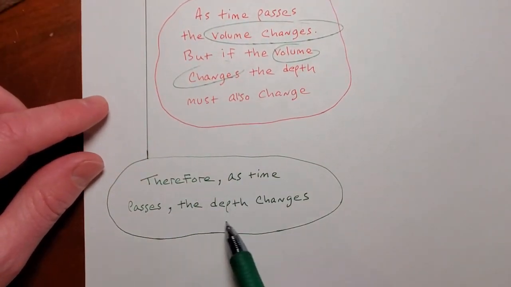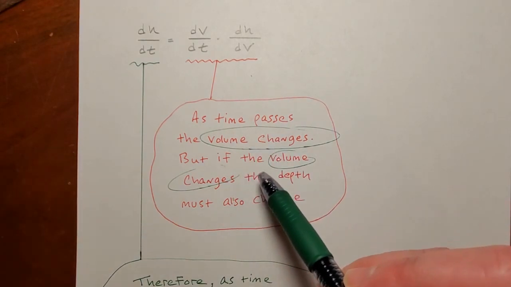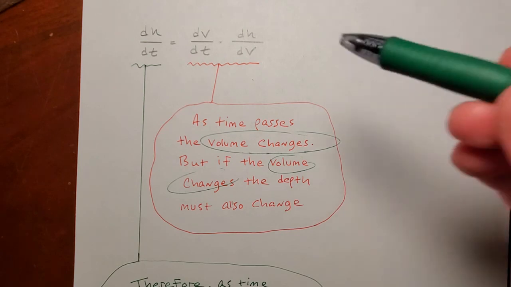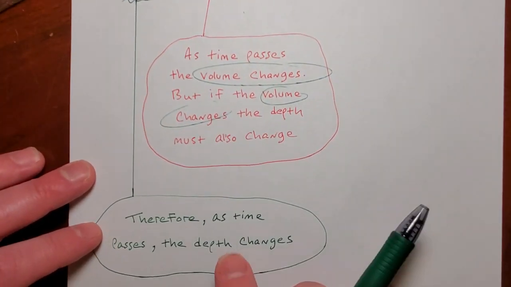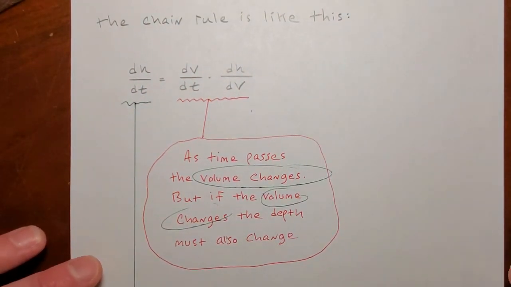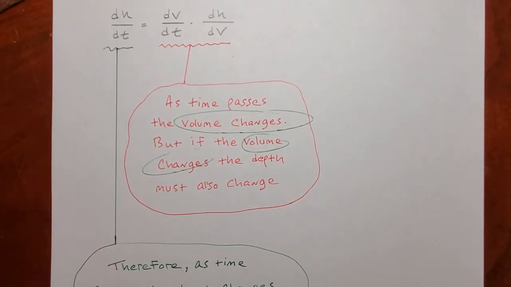Therefore, as time passes, the depth changes. So sure, time passes, volume changes, but if volume changes, the depth changes. So ultimately, if time passes, the depth changes. Okay, and that was the result that ultimately we interpreted out of the chain rule. Maybe if I just express it in words like that, you can see why that is.